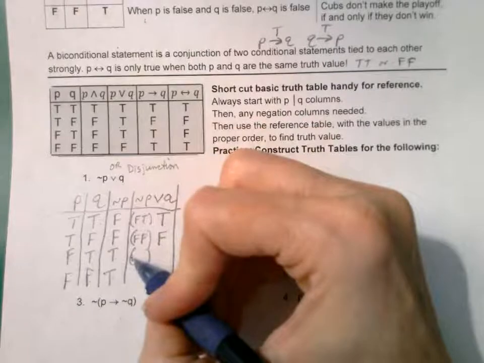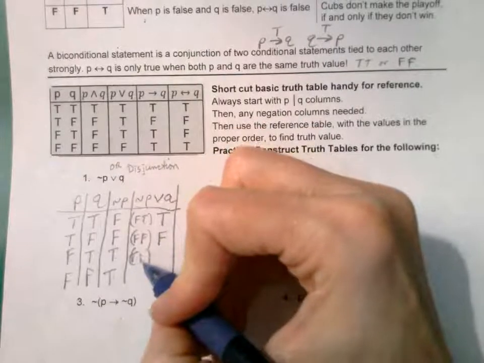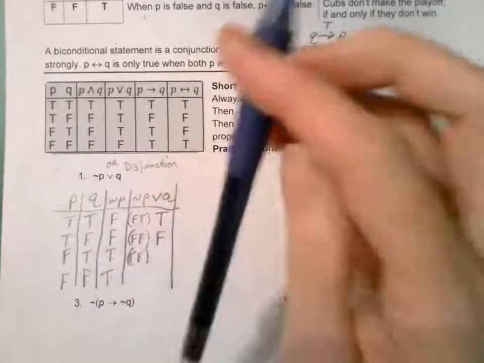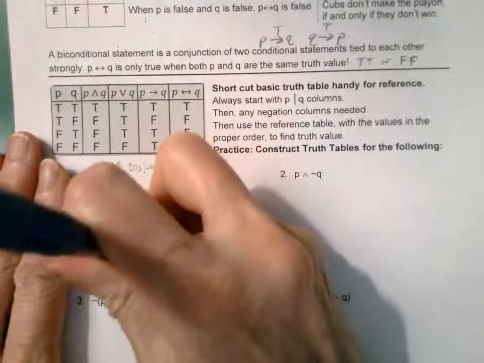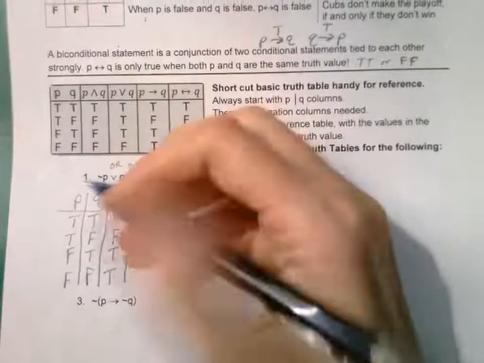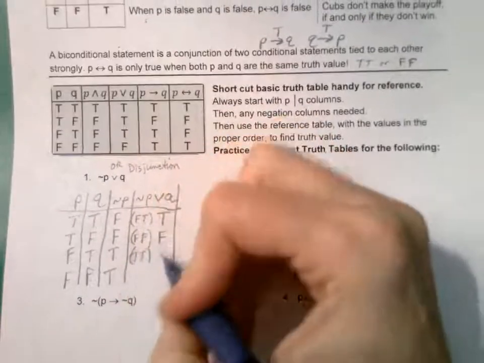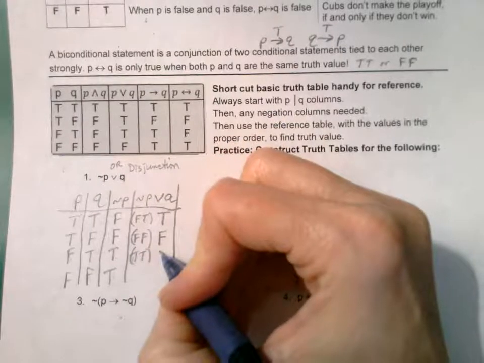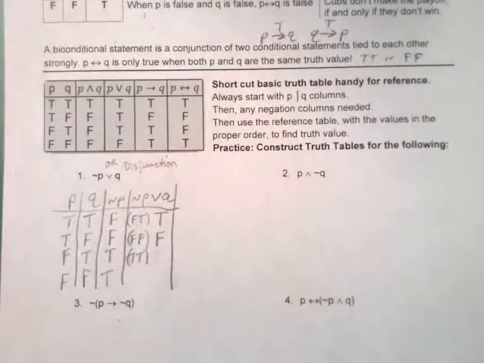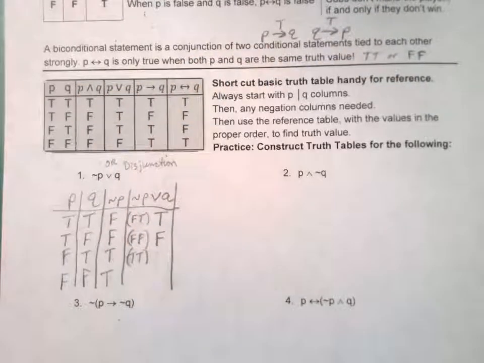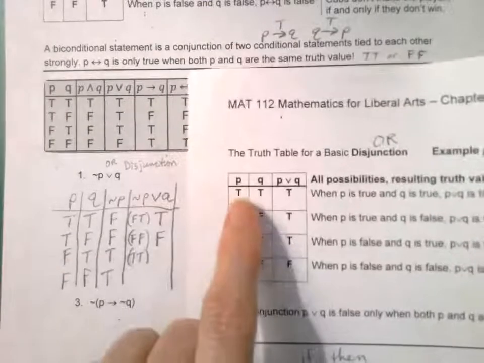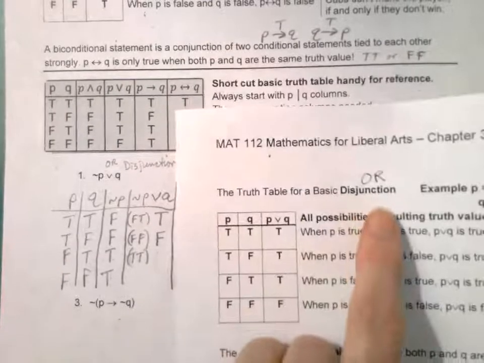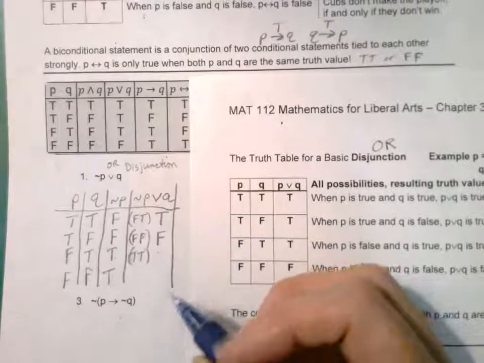All right. And then a true and then a false. Wait. A true and then a true. And then a true and a true in a disjunction here. Let me get the other table out just in case you're not following this here. Look, a true in a disjunction or an or is a true.